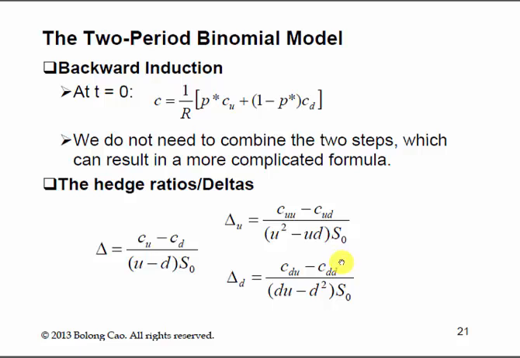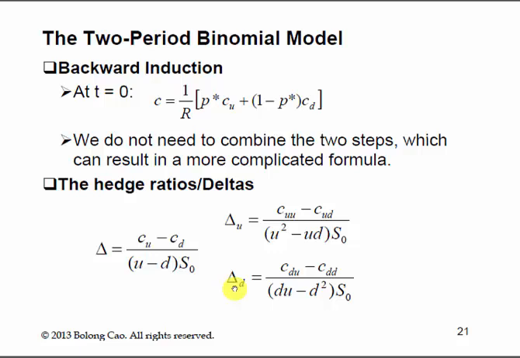And obviously, the delta itself will change. Once one period has passed, either the upstate or downstate is realized. Then you actually have a new delta for the call option or any option you have.